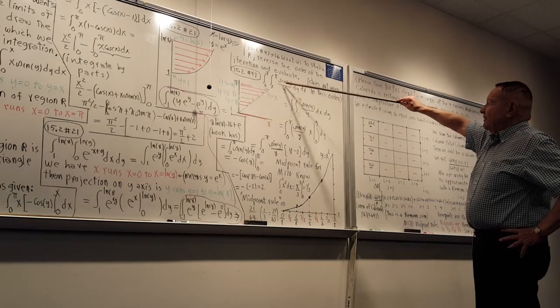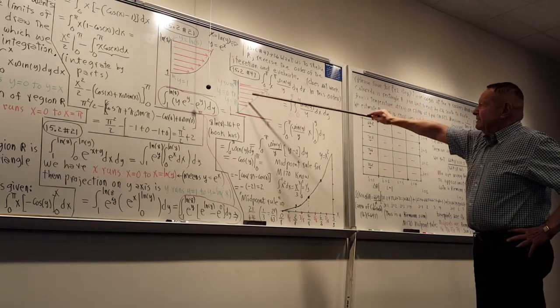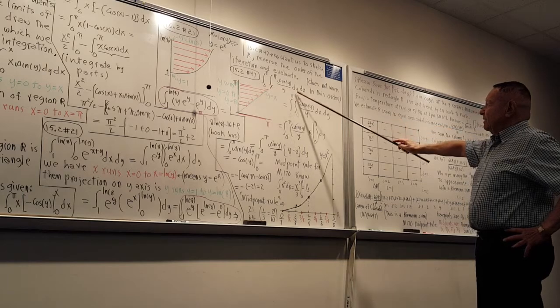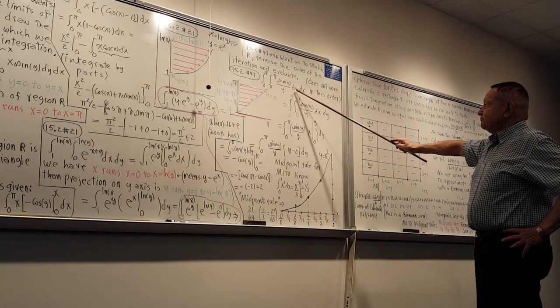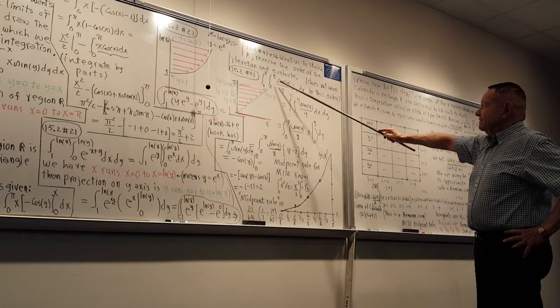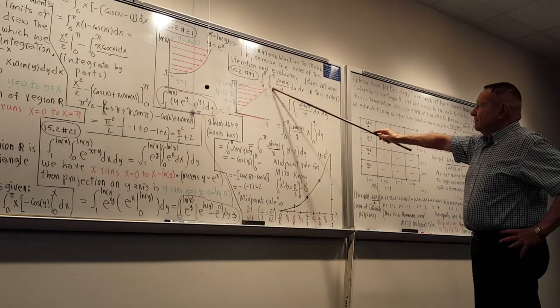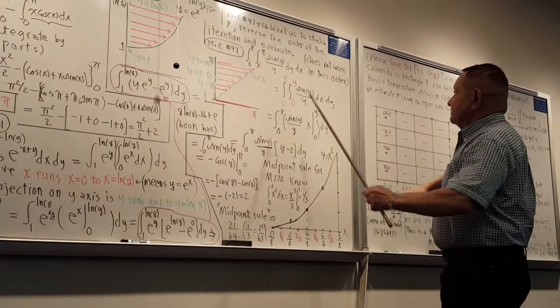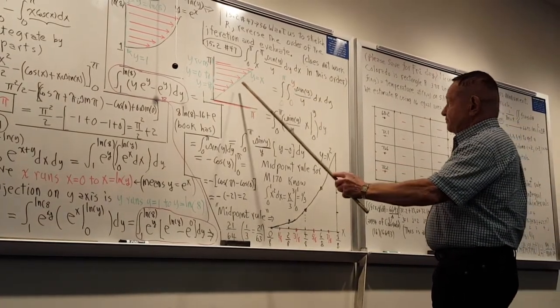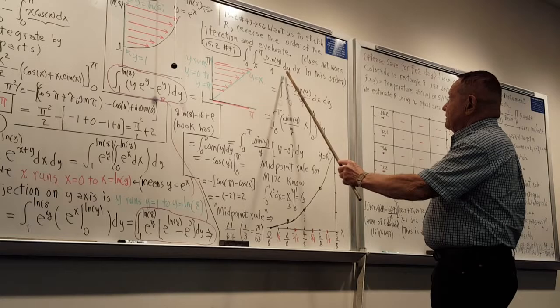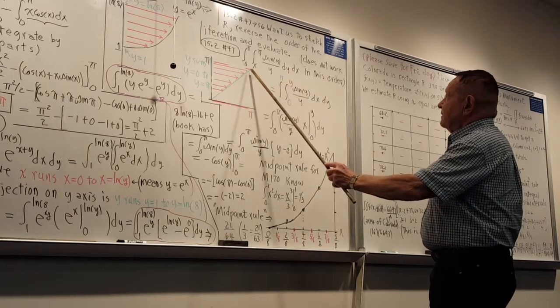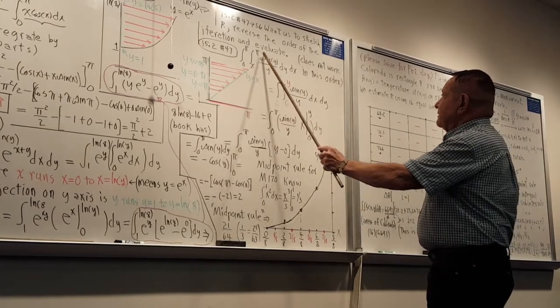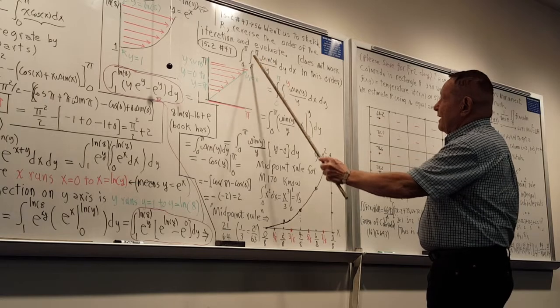We start out, and you see we have the region where y is first, so y runs from y equals x to y equals pi.